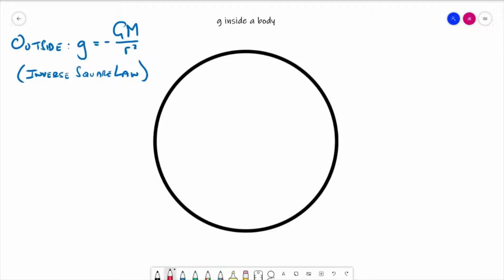In order to have a look at what happens inside, first imagine that we are stood on the surface of the Earth. We have to ask ourselves, what is pulling us down towards the centre?